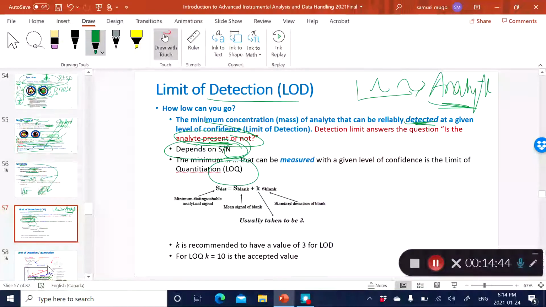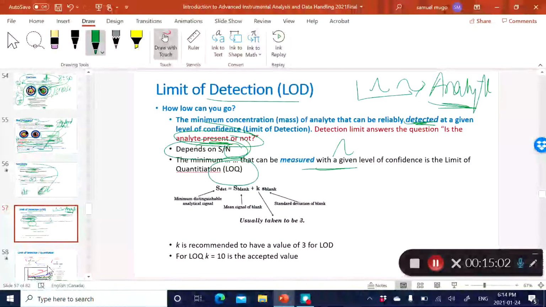Now, there's also what you refer to as the limit of quantification. The limit of quantification is very similar to the limit of detection. The only difference is it defines the minimum peak that I can get, but I'm fairly confident that it is reproducible.